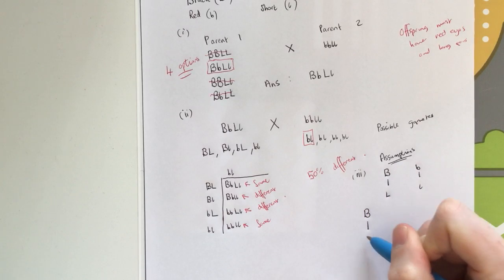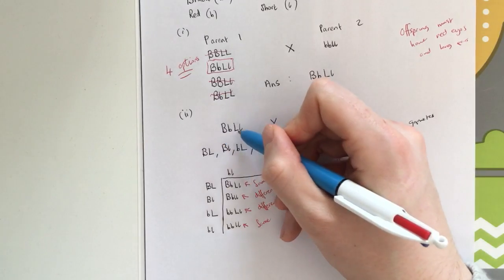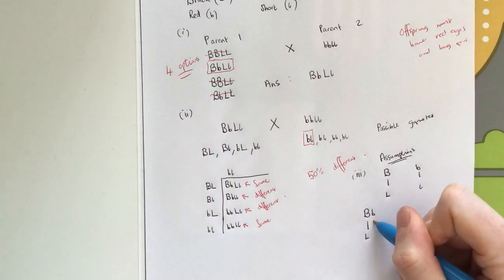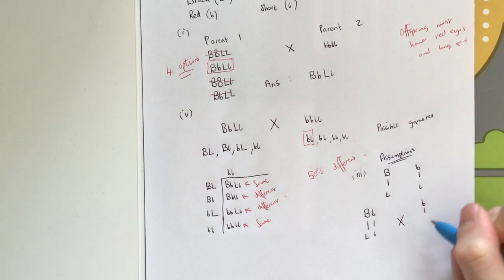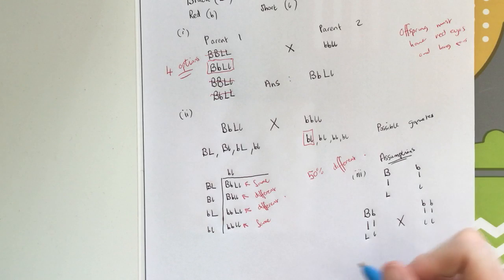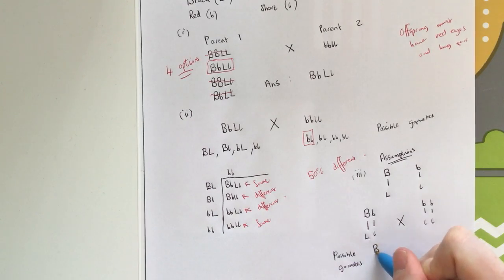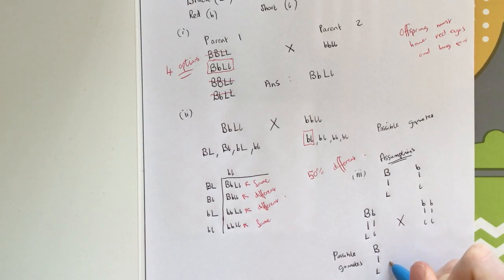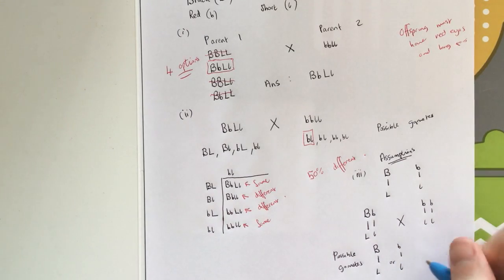Big B, big L, small b, small l, and we're crossing that by small b, small l, small b, small l. And when you do your possible gametes, you will have big B, big L, or small b, small l.